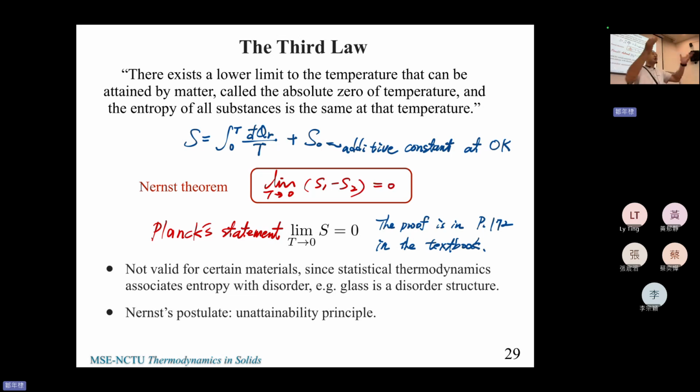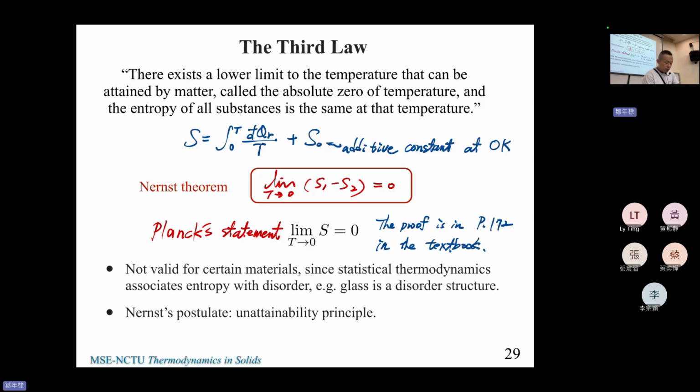For example, take two ideal gases: gas 1 has S1, and gas 2 has S2. When they go to 0, their difference should be 0. This is called the Nernst theorem, and we want to prove it here. Because this is kind of difficult to understand, I picked it up to explain to you in the course.